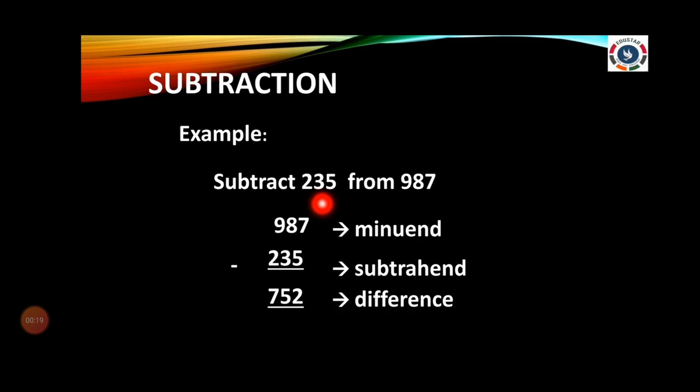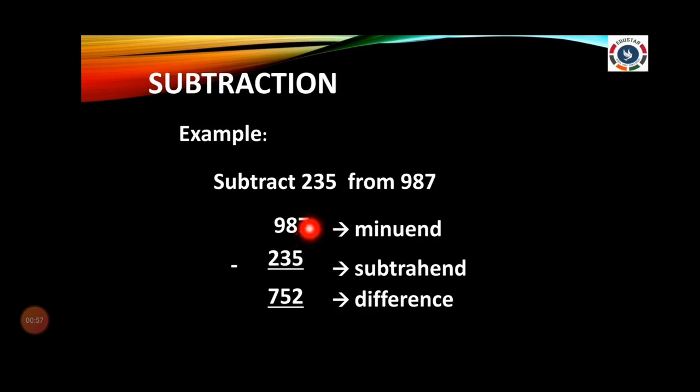That is the correct format. 987 is the bigger value, so we write it first, and the number that comes after 'from' is written first. Then the smaller value, 235, is written second. The symbol of subtraction is minus. The first value, 987, is called the minuend. The second number is called the subtrahend.